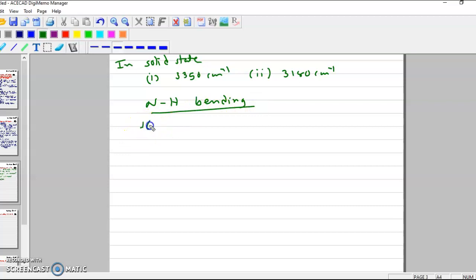So it is at 1655 to 1620 centimeter inverse in case of solid, and at 1620 to 1590 centimeter inverse in dilute solution.